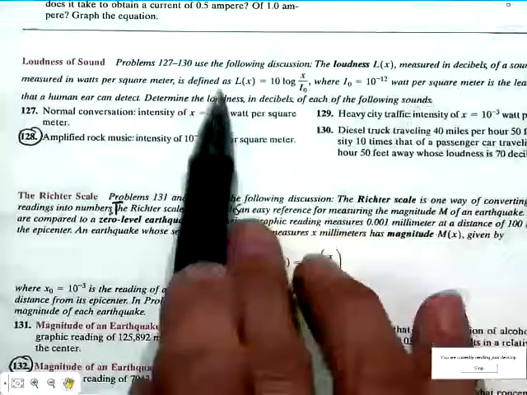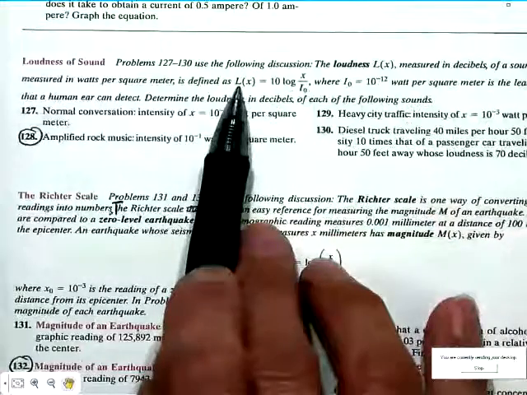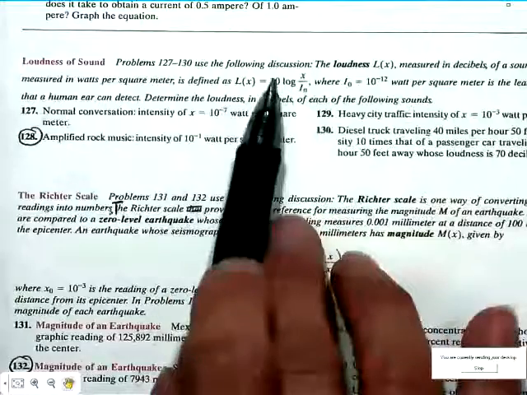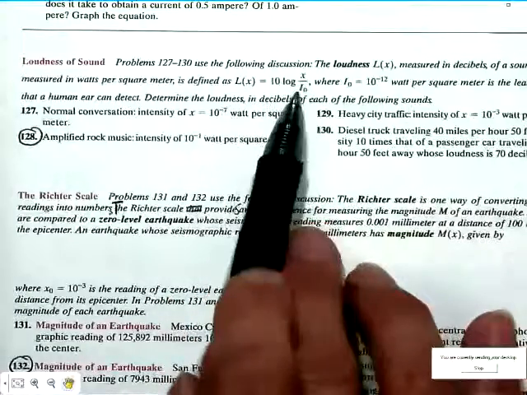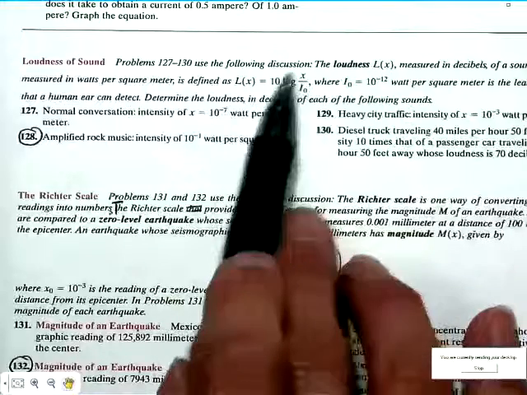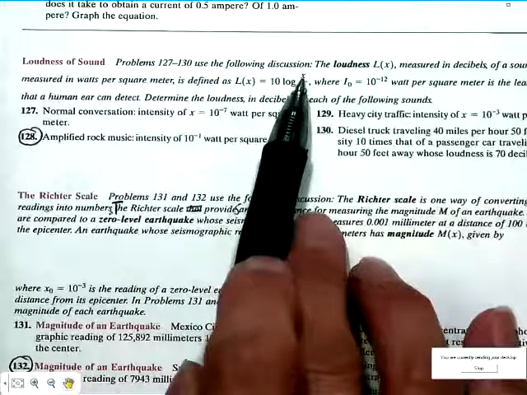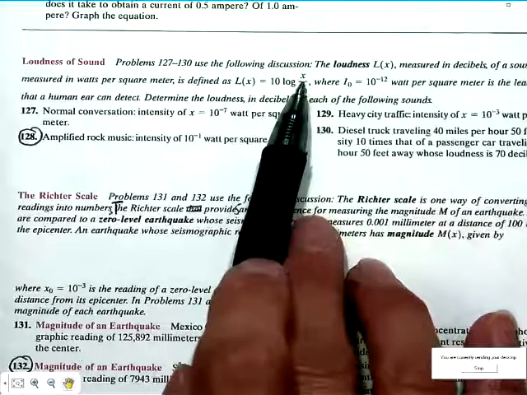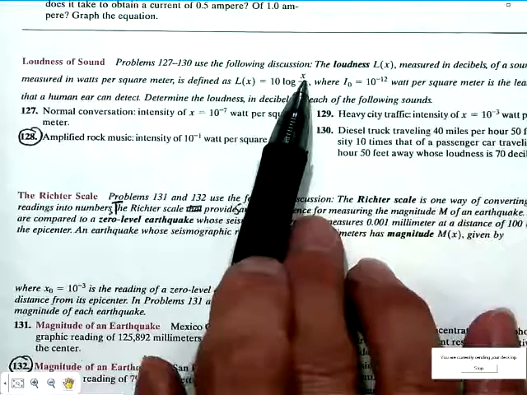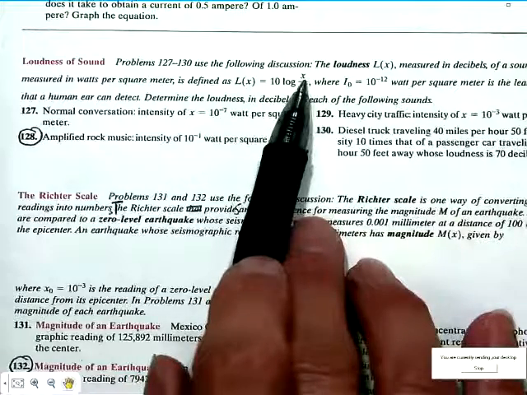The loudness of sound. The decibel rating of a sound is found with this formula, 10 times the log of X over I sub 0. X is measured by, gosh darn it, I used to remember the name of the little tool that's used to measure the loudness of sound. It has a needle on it.